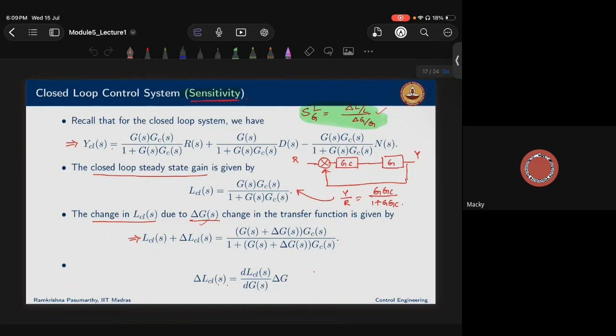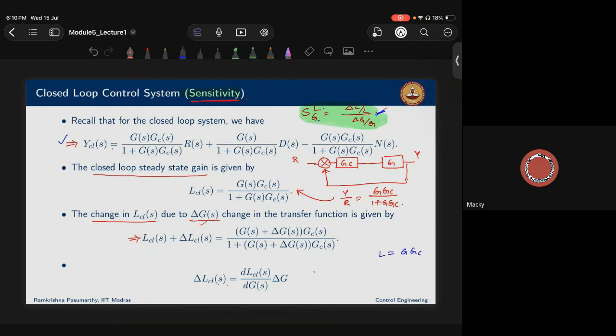Similarly, you can do the calculation for sensitivity. You have this output we have already calculated previously. This is the definition for sensitivity: sensitivity of L with respect to the changes in G, the plant transfer function. Previously L was nothing but the open loop transfer function, where L is equal to GC only.